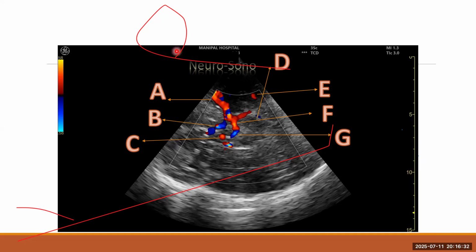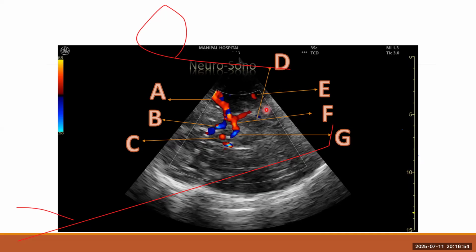Then E we see is D. F, you can name it. F is ipsilateral P1. G is contralateral P1.